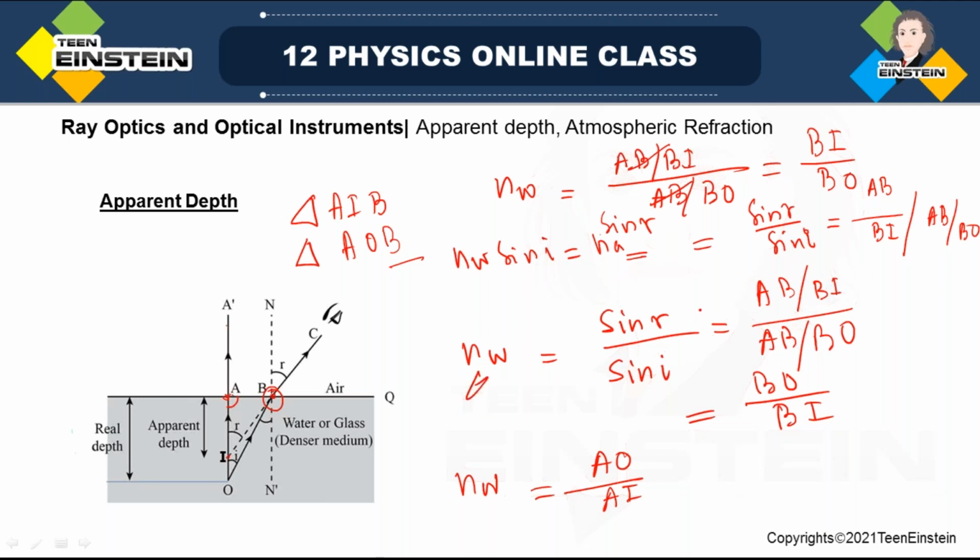So refractive index is equal to the real depth, that is AO, over apparent depth, that is AI. Okay, so this is the formula. I'll just write the formula finally.